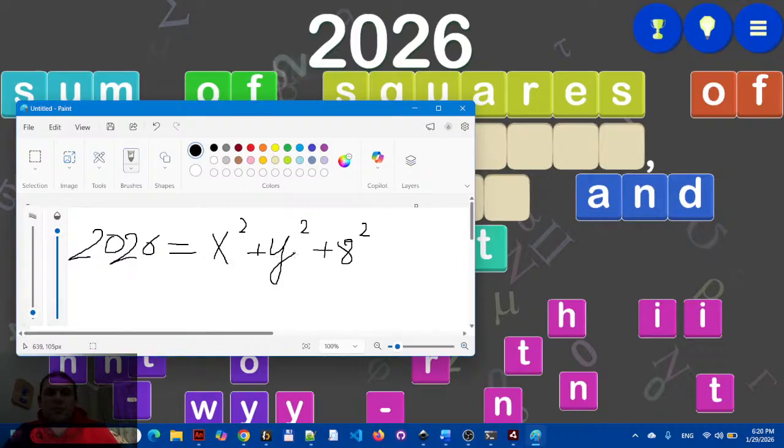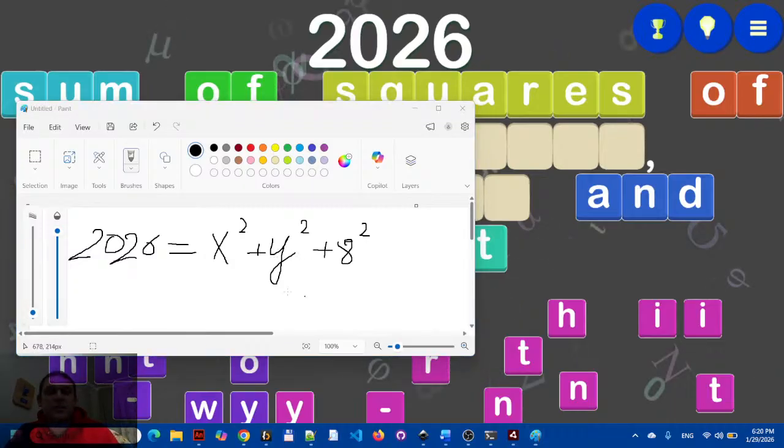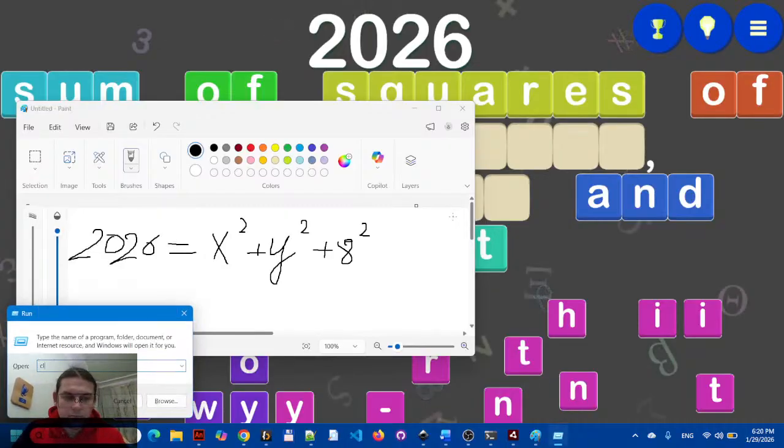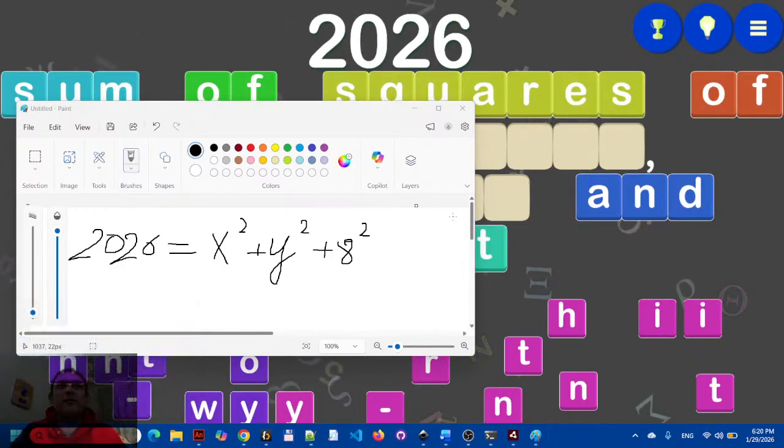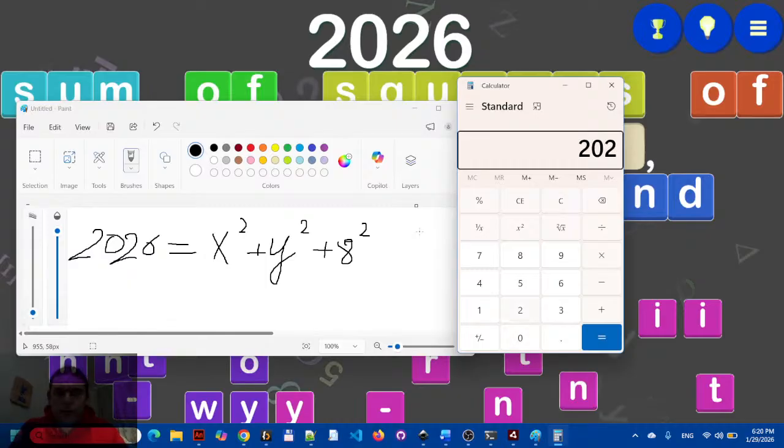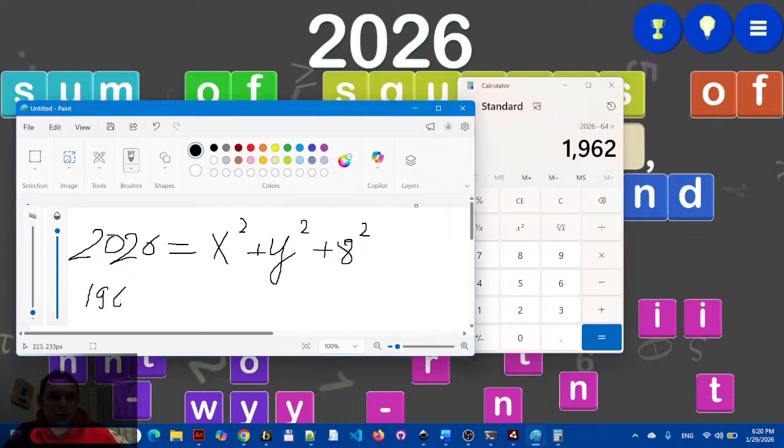As 8 squared is 64, we can get the calculator. 2026 minus 64 is 1962. 1962 is some x squared plus y squared.